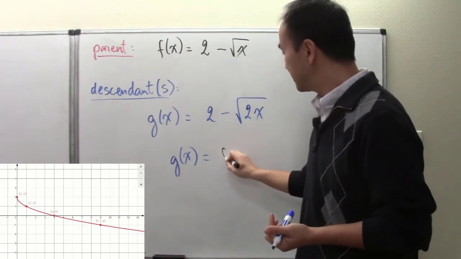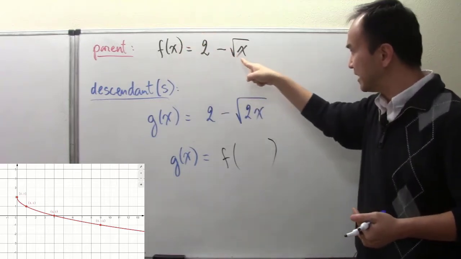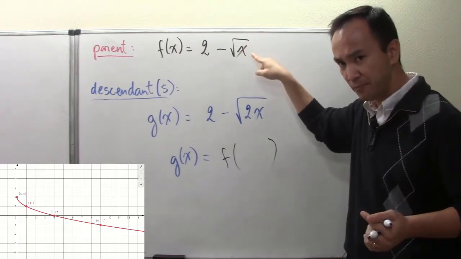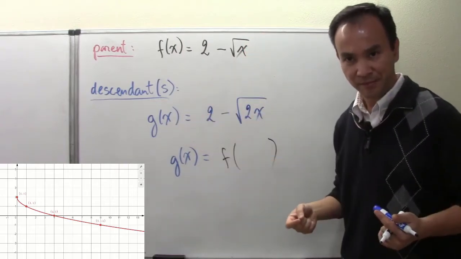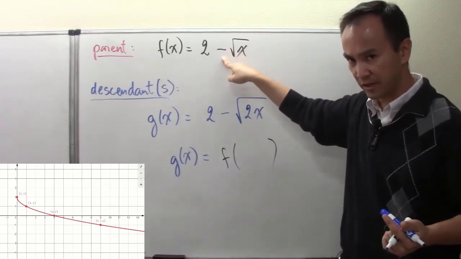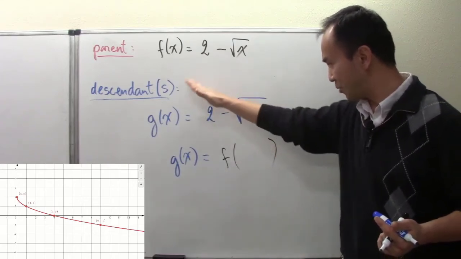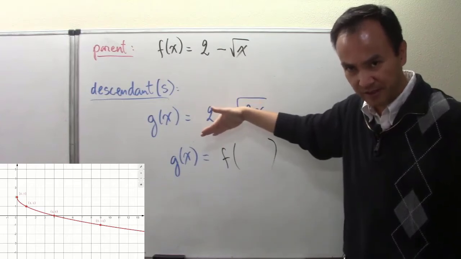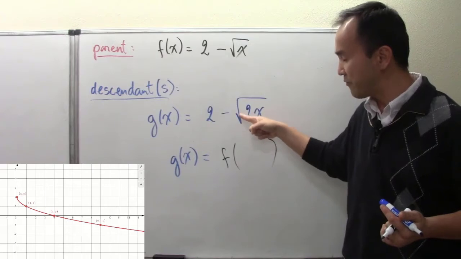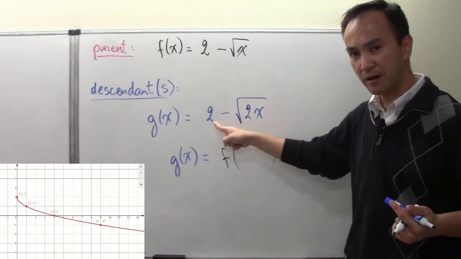its parent. The rule of the parent function is that for every input, we first take the square root of the input, whatever that input is, and then subtract that result from 2. There are so many things involved in this g of x already, but as a general rule, we take the square root of 2x, and then whatever that result is, we subtract it from 2.